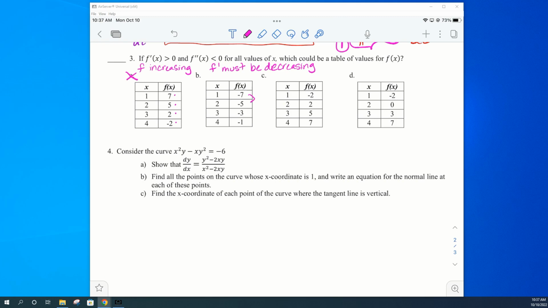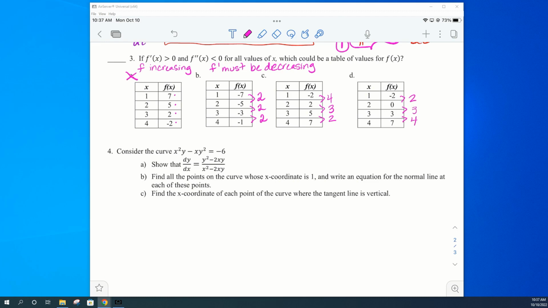So if I look at letter B, do you see that this difference is like +2, +2, +2? Let's do this one. If I go from -2 to 2, I'm going 4, 3, and 2. And then we'll do this one: 2, 3, and 4.